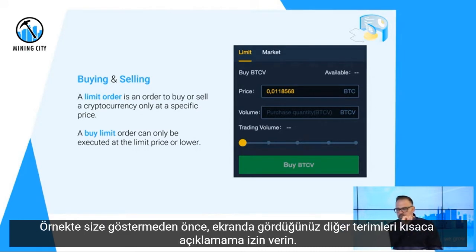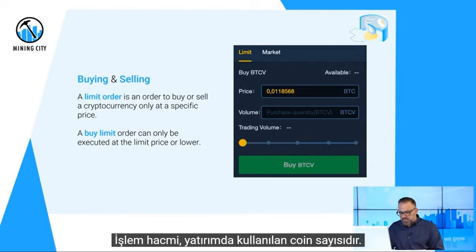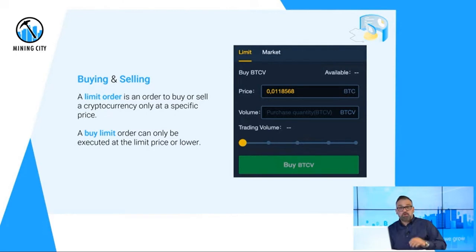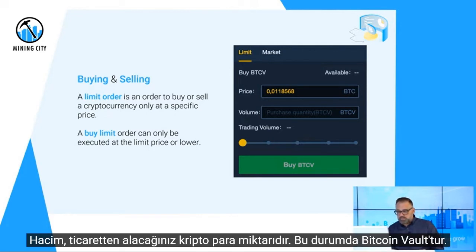Before showing you the example, let me briefly explain the other terms you see here on the screen. Trading volume is the number of coins that are used in the trade. Volume is the amount of cryptocurrency you will get from the trade. In this case, it's bitcoinvault.